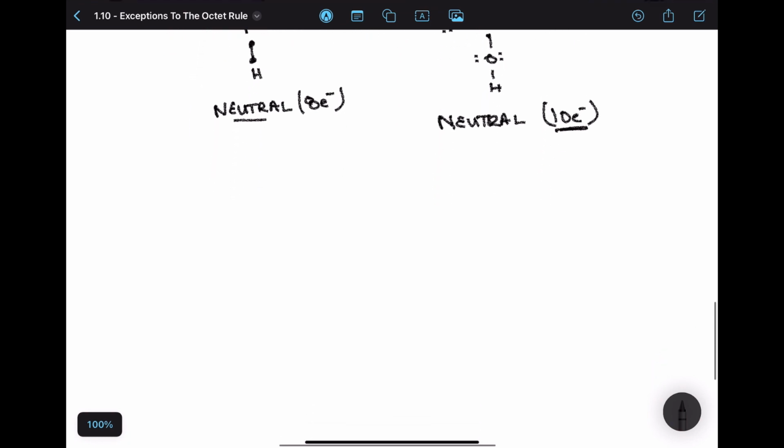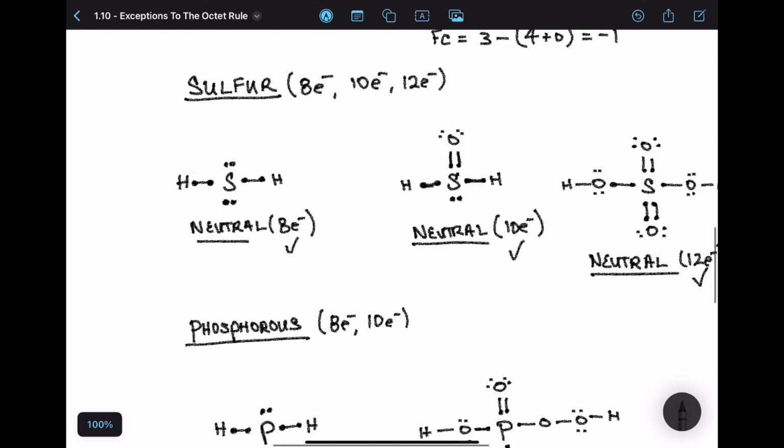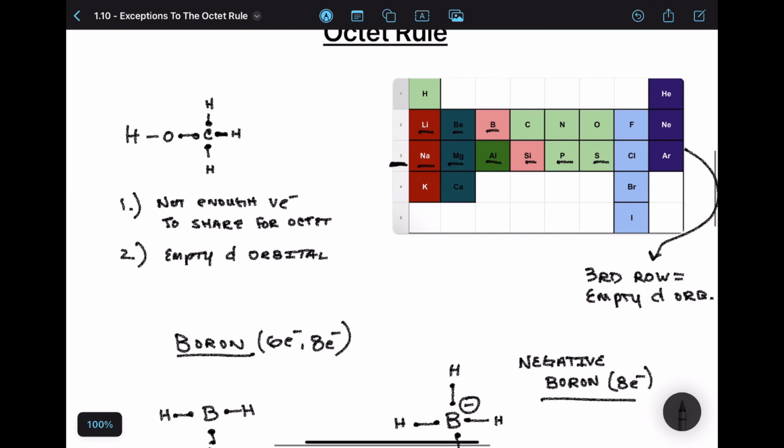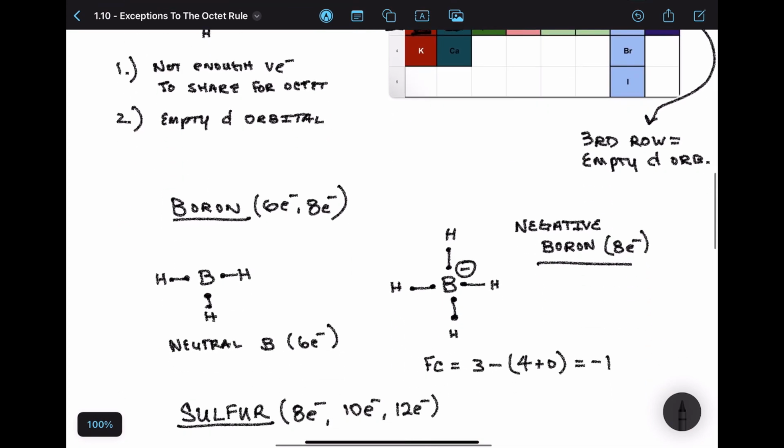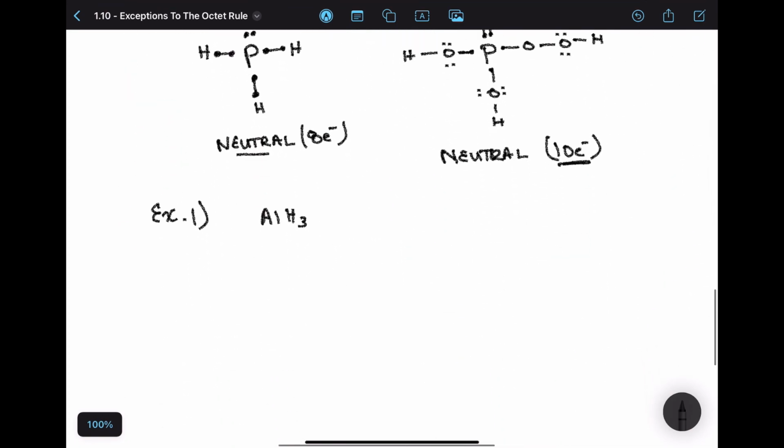And so let's go ahead and have a few examples and see. Let's talk about aluminum. So aluminum operates much like boron. So if we go back to our periodic table, the condensed version, aluminum is right under boron, so it's going to have 3 valence electrons.